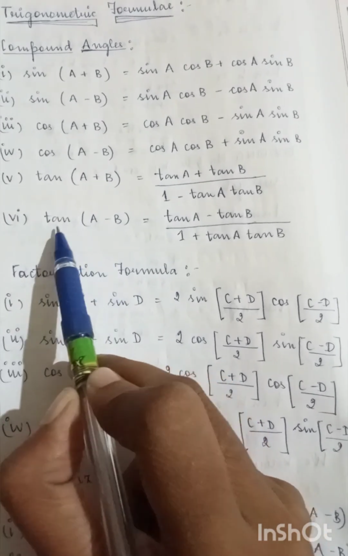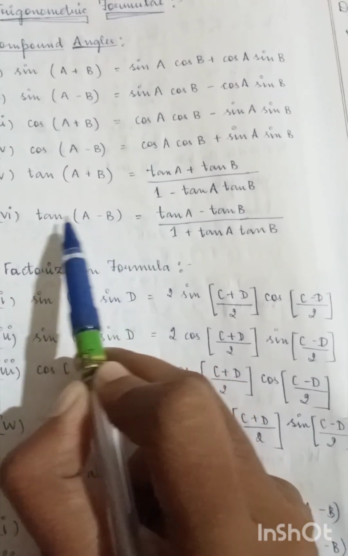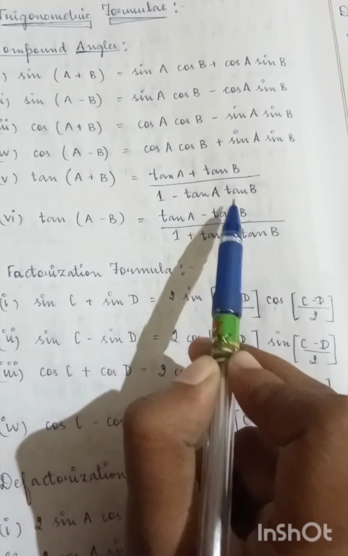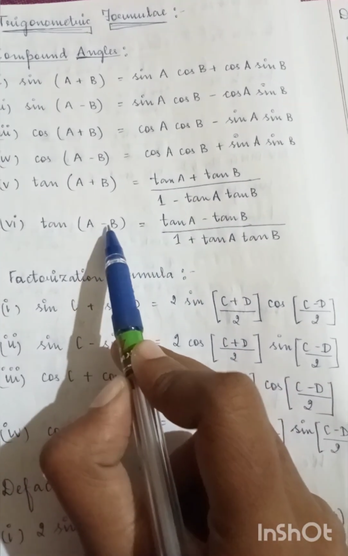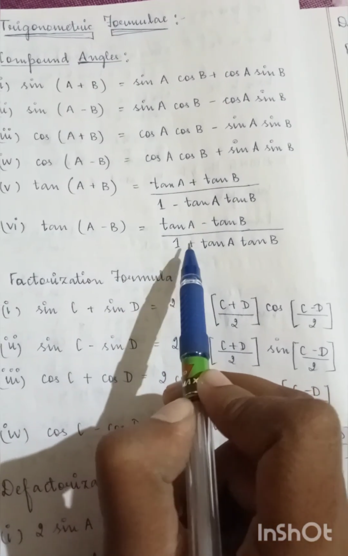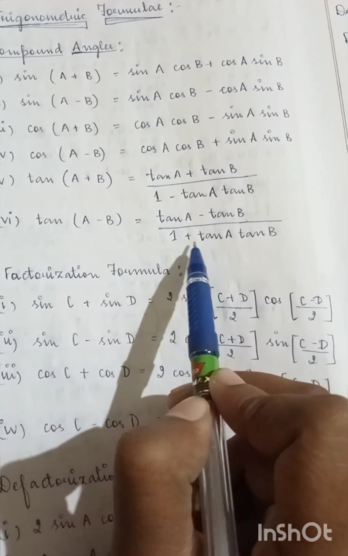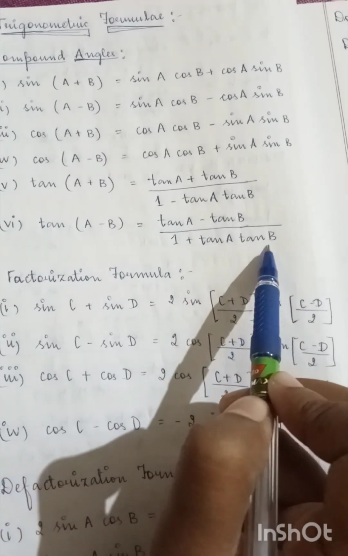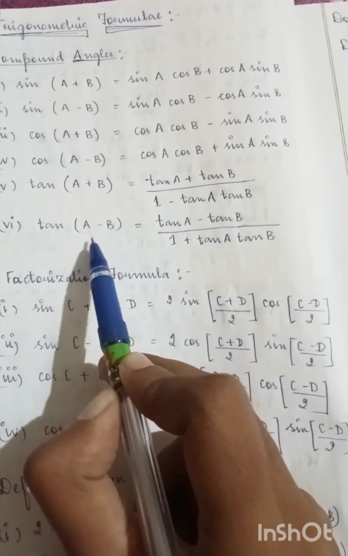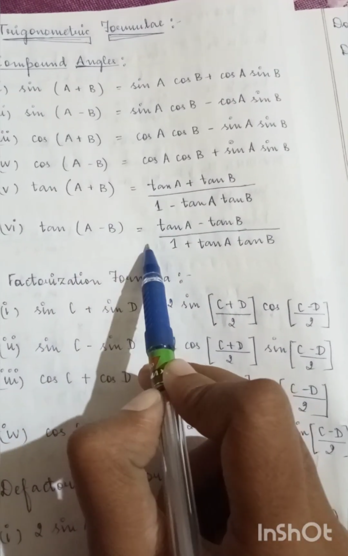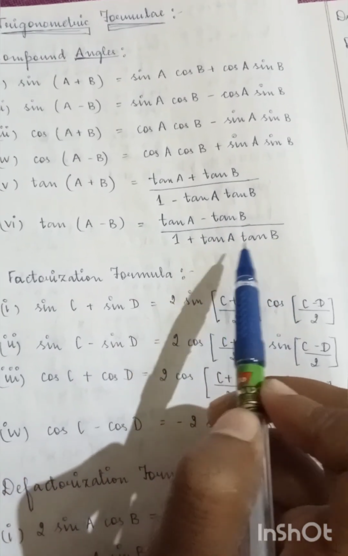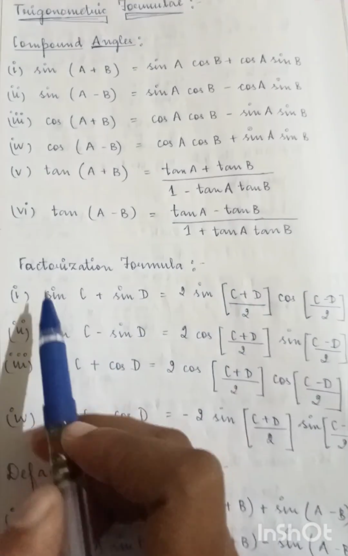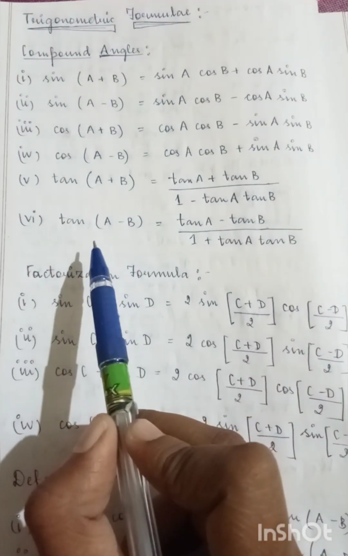It is nothing but tan a minus tan b, which is the numerator part, divided by 1. Since here it is minus, it would be plus over here. So it would be divided by 1 plus tan a into tan b. So tan of a minus b would be equal to tan a minus tan b divided by 1 plus tan a into tan b. That's all for the compound angles formula.